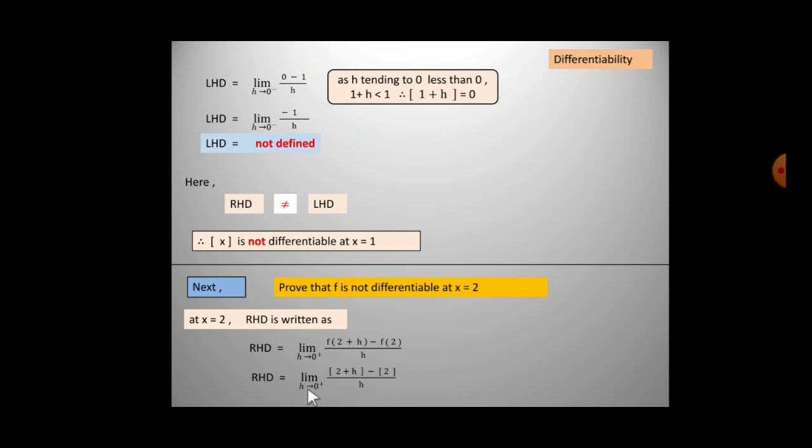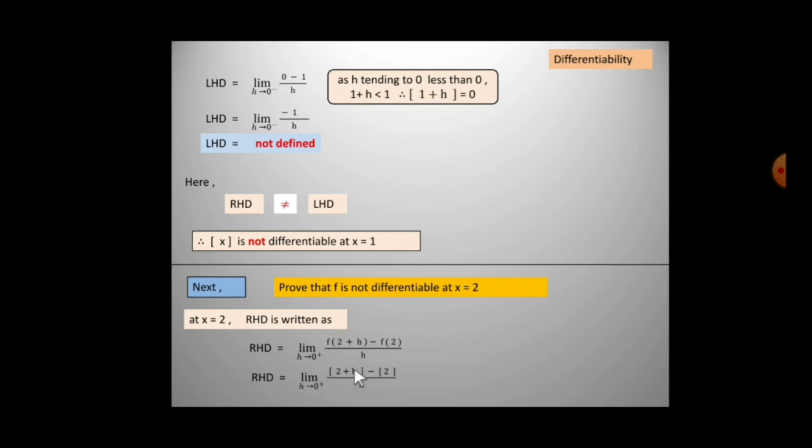Next, h is approaching 0 from more than 0, that means it is positive. So if h is positive, greater than 0, a small quantity, it may be any number, but approaching 0, like 0.1, 0.001, whatever. So this term becomes 2 plus, that means it is more than 2. 2 plus h becomes more than 2.